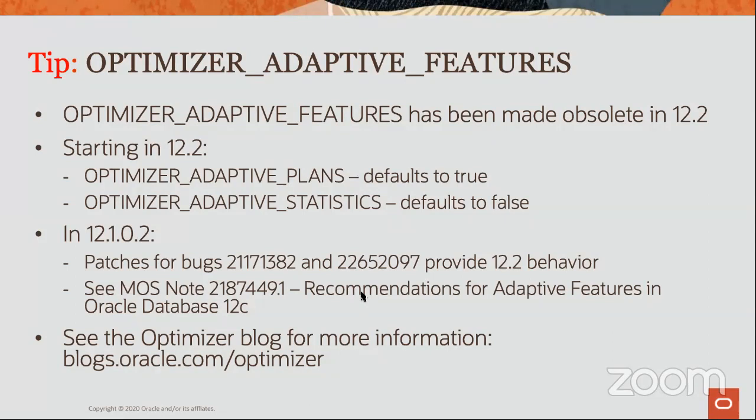So the optimizer is going to be changing plans to take advantage of Database In-Memory, and so these kinds of issues become important. And so our recommendation, best practice or tips and tricks for Database In-Memory, is if you are still running 12.1.0.2, you might want to consider these patches if you're having problems with adaptive features within the optimizer.